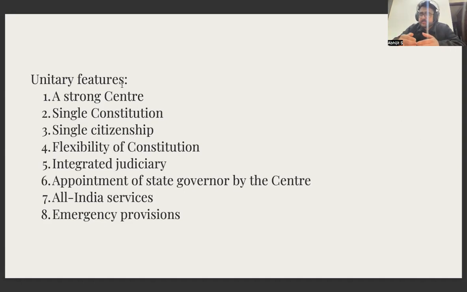Next, an integrated judiciary. Now, unlike the United States, where you have courts in different states implementing laws of those states alone, but federal laws being enacted by the Supreme Court of the United States, in India, the central laws or the federal laws are implemented not just by the Supreme Court, but also by the multiple high courts and district courts as well.